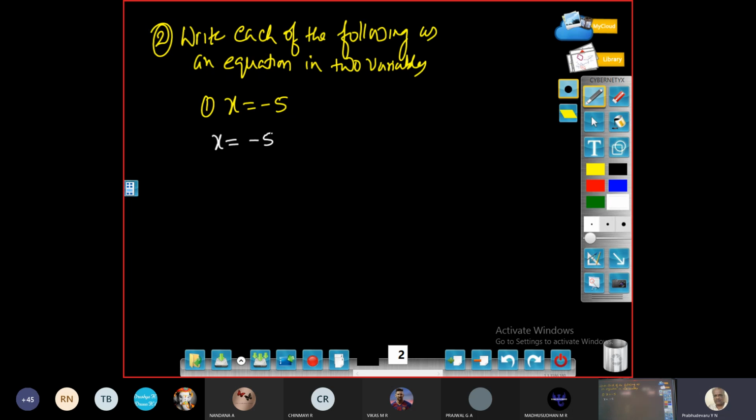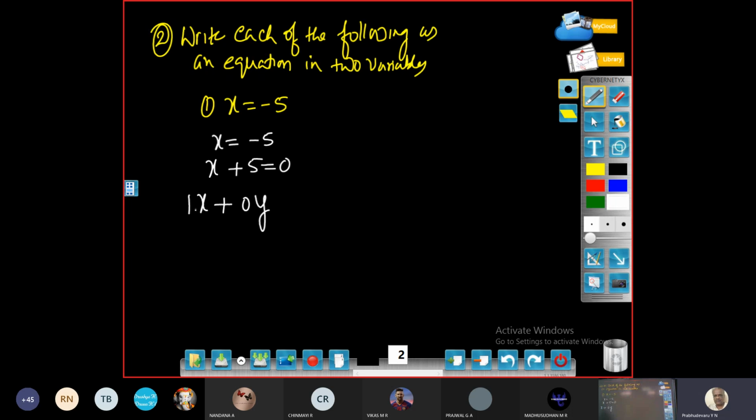Okay. Transfer this to the left side, x plus 5 is equal to 0. Here we have x value, the second variable is not there. It is an equation in one variable only. So to write it as an equation in two variables, we will write in the form of 0 into y.